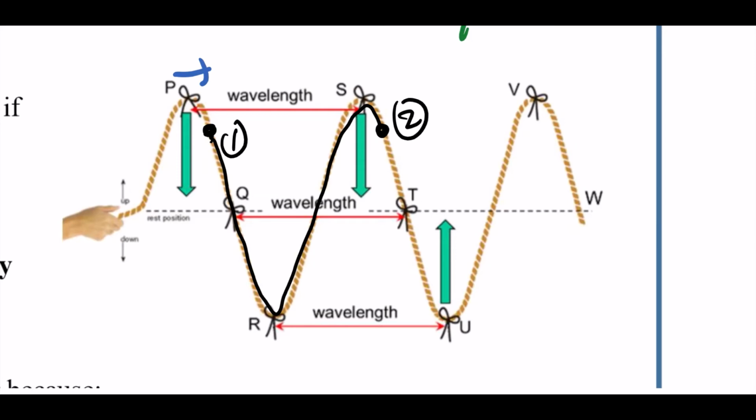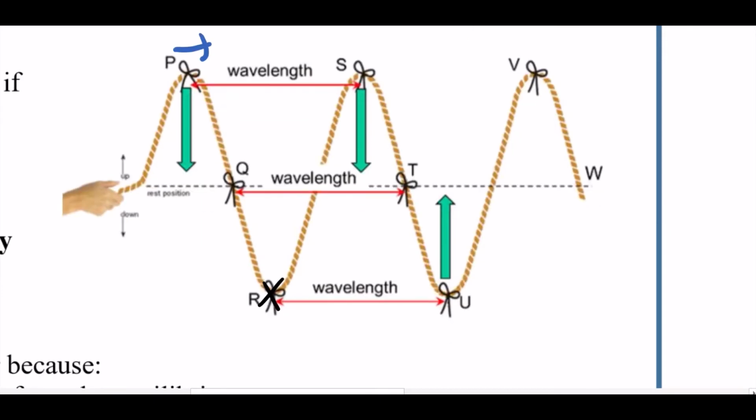Let me show you a simpler example. Let's look at R. R at this point is at the amplitude, and R is going to move upwards at this moment because R is at the lowest point already. Can you find another point that's in phase with R?